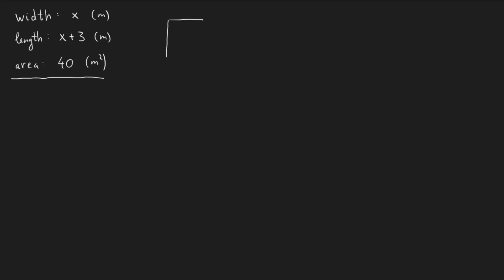So these are all the information we know, and let's just draw down a rectangle, which is our garden here. So the width is x, and the length is x plus 3, and we have here the area, and the area of the garden is the width times the length.